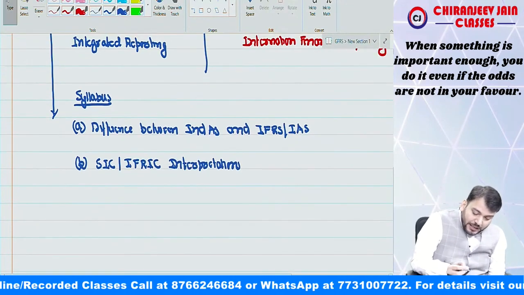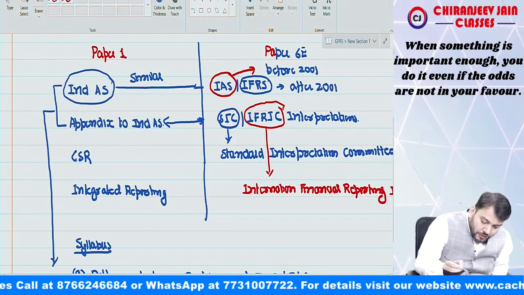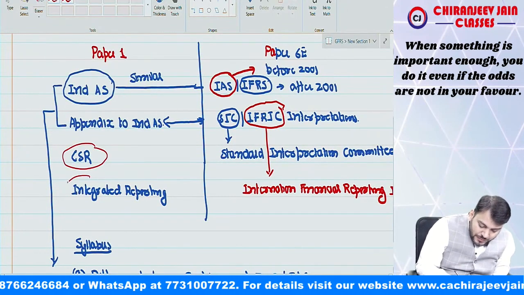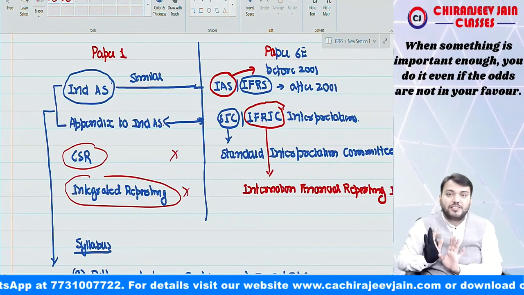Correct. And these two chapters, CSR and integrated reporting, will not be covered in your paper 6C.